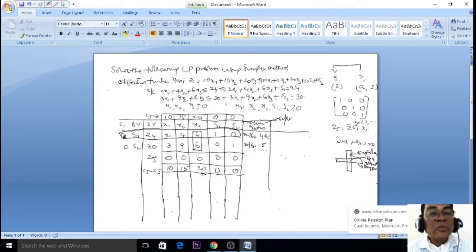In the key row, remove 0 S1 because this is the intersecting value here. So what is the top value? 20 x2, so please write down 20 x2. The remaining value is 0 s2 as it is. Understand? Now come to this point.